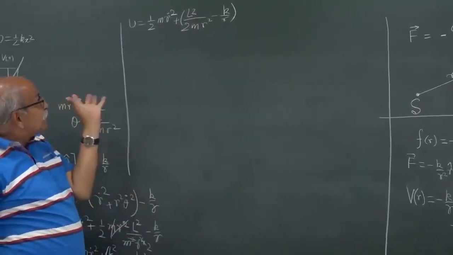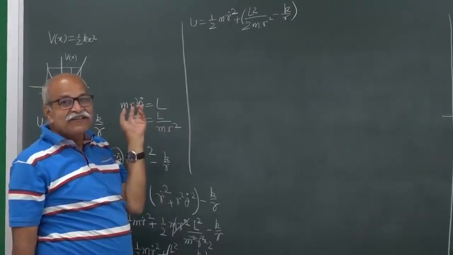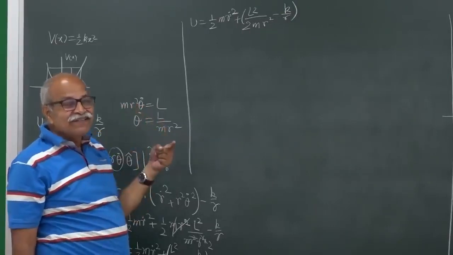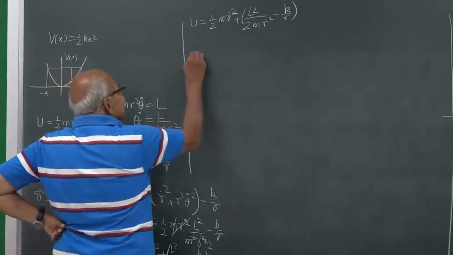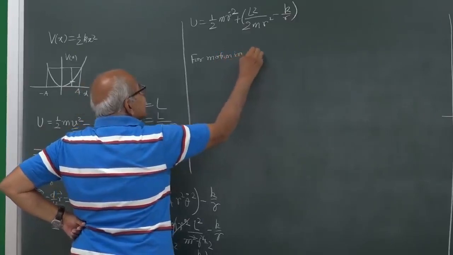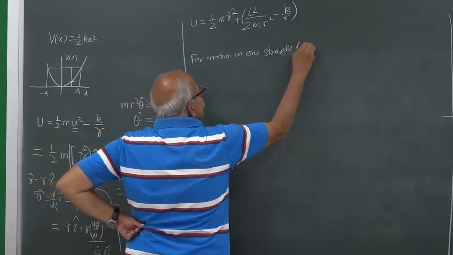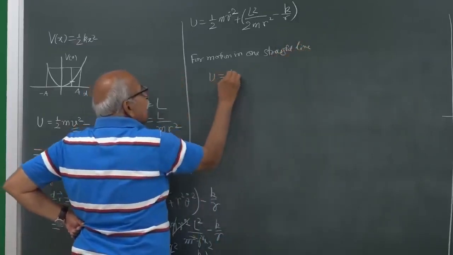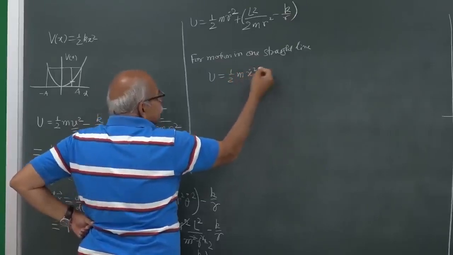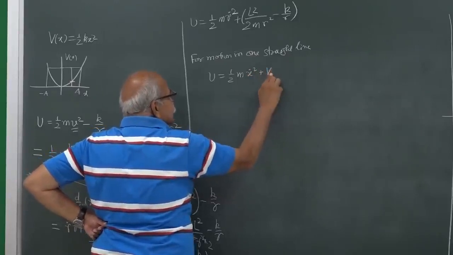Now, I have only one variable r, not x and y. So it resembles motion in one straight line. There we had, for motion in one straight line, U is equal to half m x dot square, and then a potential V(x).